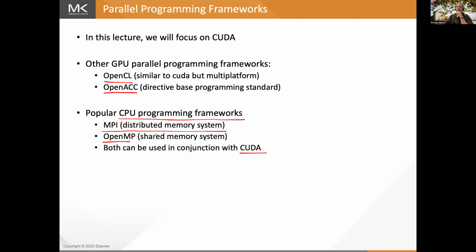So you can have a distributed memory system consisting of different nodes, and in each node you can have different NVIDIA GPUs, and you can program those GPUs using CUDA, and you can manage the nodes and the computations between the nodes using MPI. So we talk about MPI not in the next lecture, but the one after that. Okay.